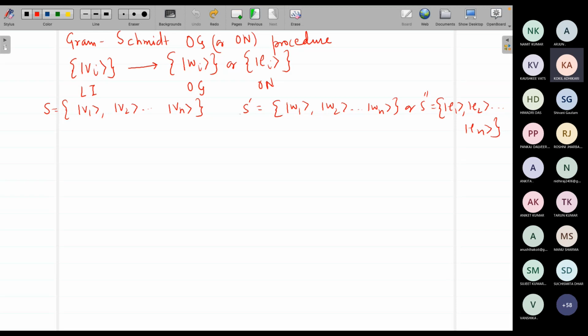That becomes rather simple, and hence the orthonormal basis is useful.